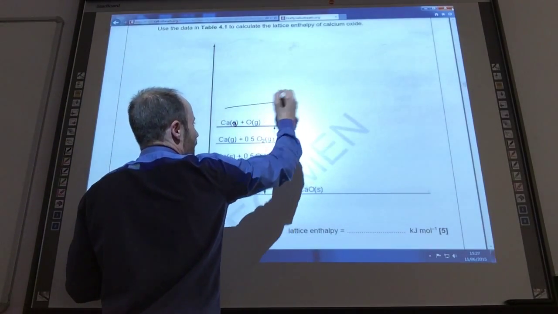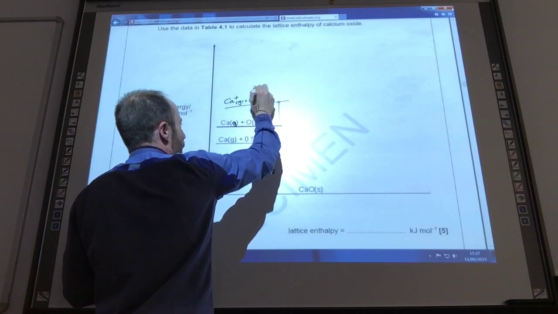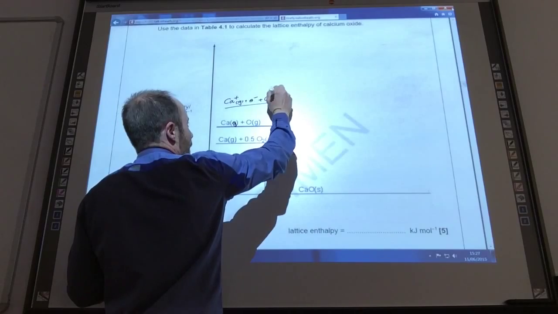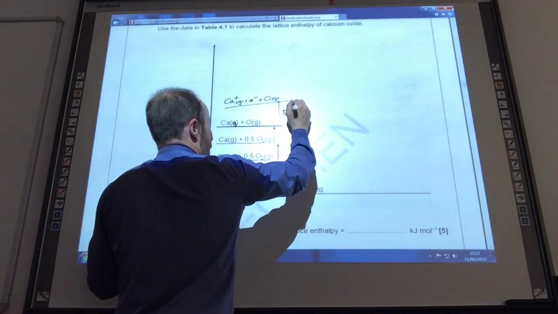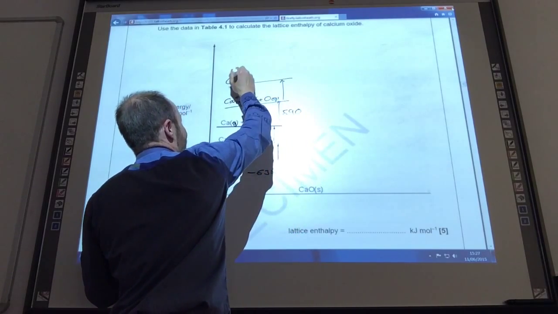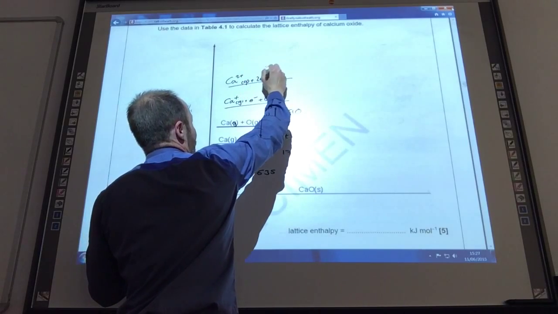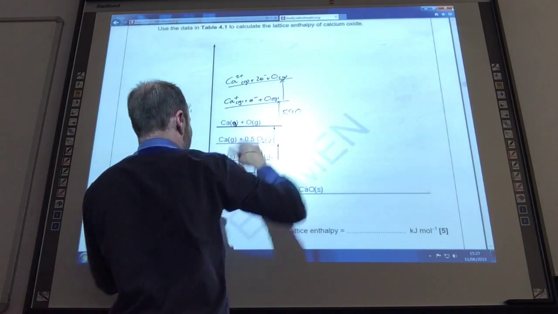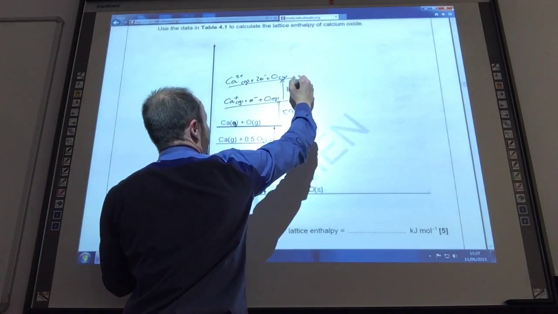Right, and then it's up to us really. Let's ionize calcium first of all. So let's do the first ionization of calcium. That is going to be 590. Let's stick with calcium and do the second ionization energy of calcium. That is going to be 1150.